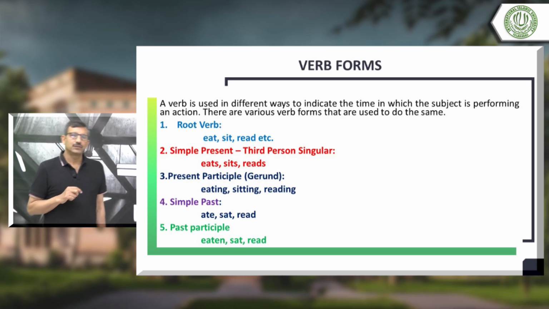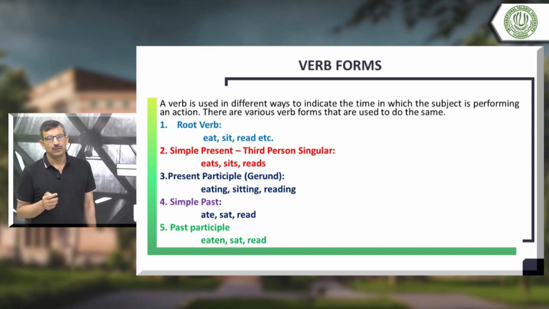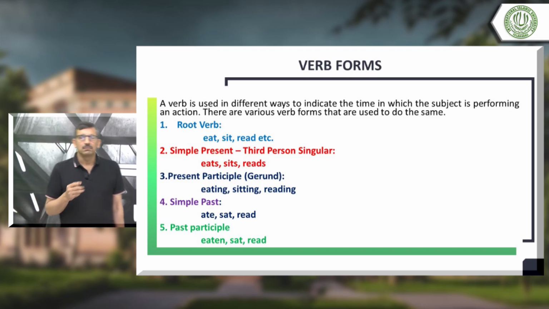The third one is the present participle or the gerund form. Gerund forms are usually formed by adding ing to the root form of the verb, like eat plus ing, eating, sit plus ing, sitting, read plus ing, reading. These are the gerund forms. The fourth form of verb is past simple.